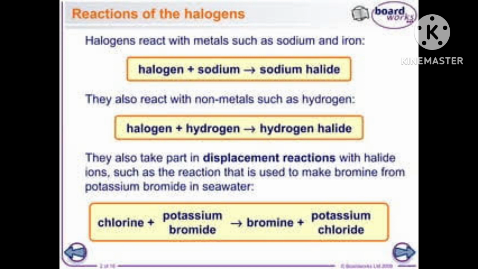Because fluorine is more electronegative than chlorine, chlorine is more electronegative than bromine, and bromine is more electronegative than iodine. The more electronegative one behaves as electronegative, and the less electronegative one behaves as electropositive.